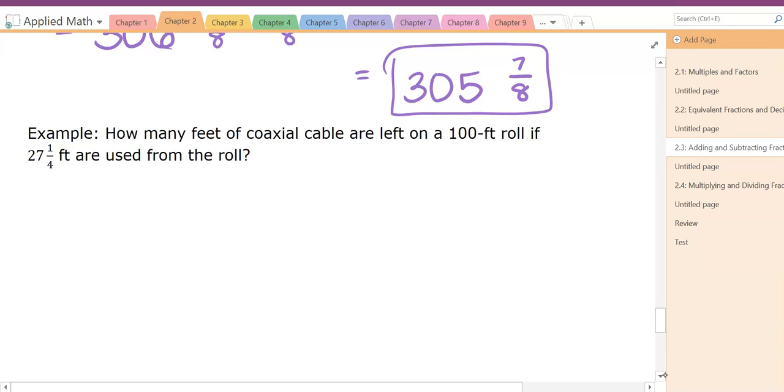What'd you get? You're close. It's not 73. 72 3/4.